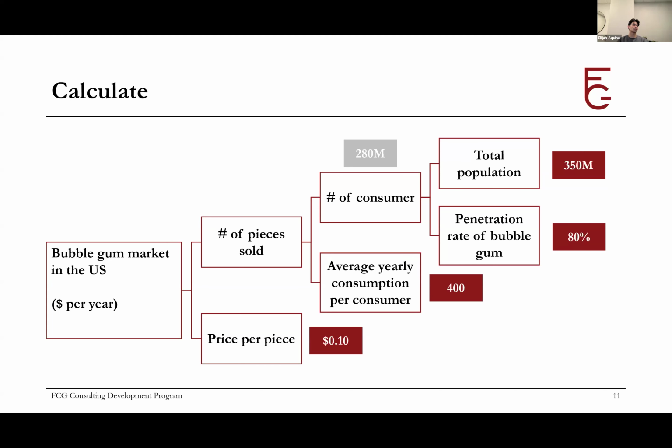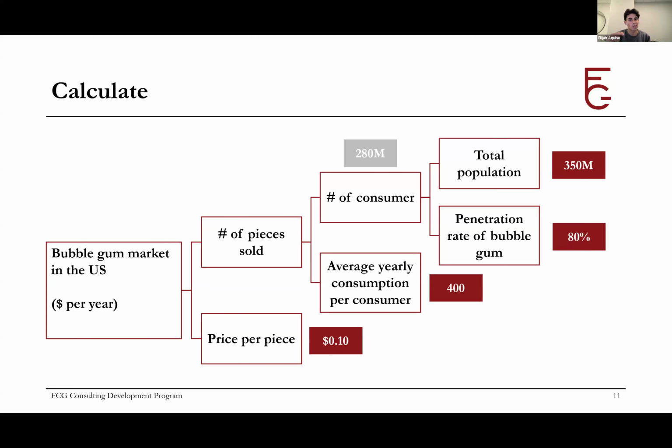Add those two numbers together, that's 280 million. That's how I do my math in consulting. There's probably tons of different videos, but that's how I do quick math calculations when it comes to larger numbers. So now I have the number of consumers.